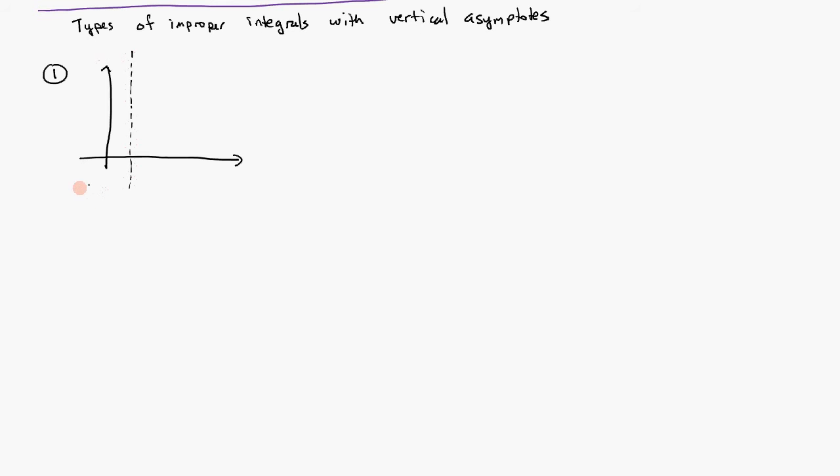So suppose x equals a is a vertical asymptote, and my function is to the right of it. And I want to compute the area of the region in between a and b. So the improper integral will be the integral from a to b, f of x dx.